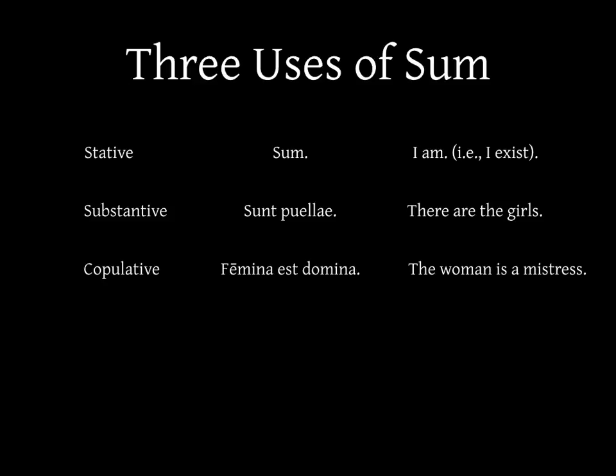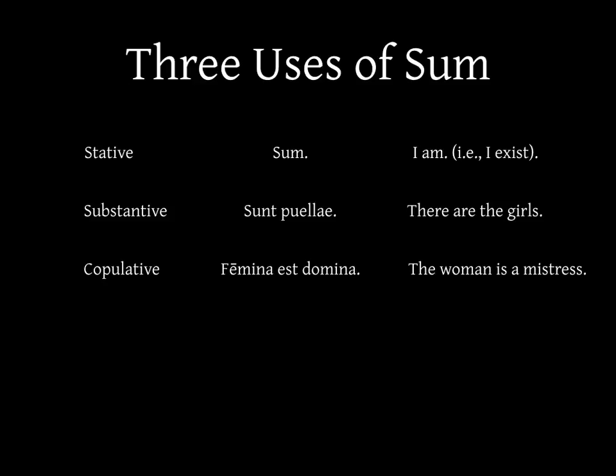The first usage is the stative. As we talked about when we discussed inflection last week, Latin doesn't need extra words like English does to modulate or conjugate its verbs. All of the information you need about the action of the verb is contained in that one word.